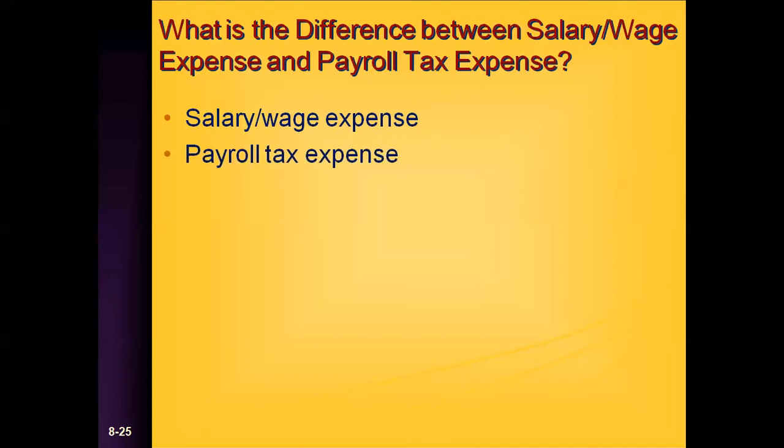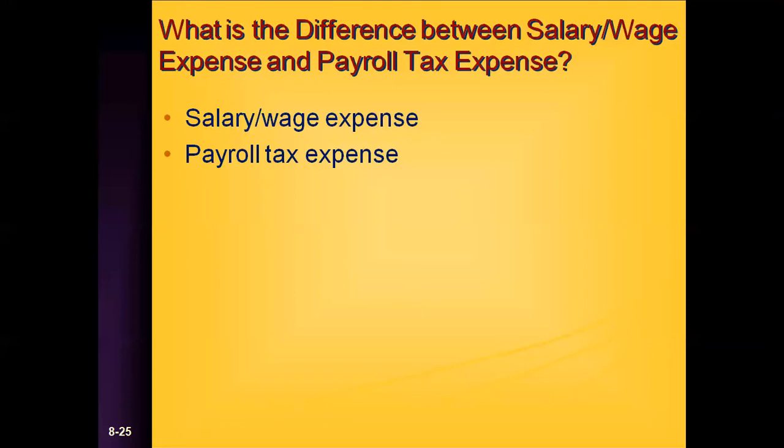The flip side of this, payroll tax expense, and it's important that you understand these differences now, is the expense incurred that the employer has to pay to the government. These could be state taxes, federal taxes, or matching FICA and unemployment taxes.